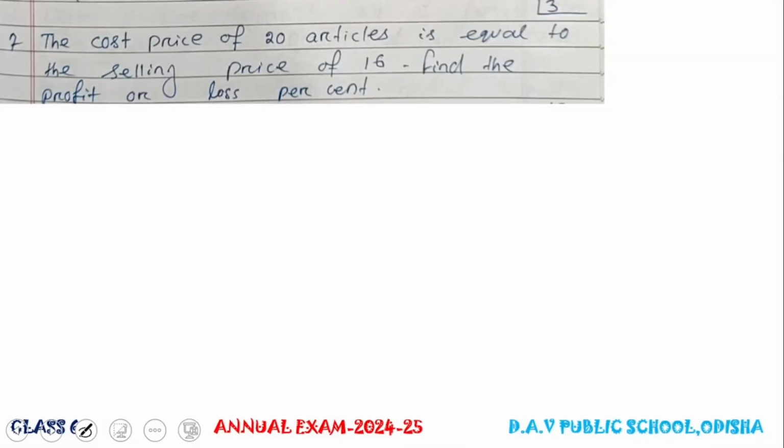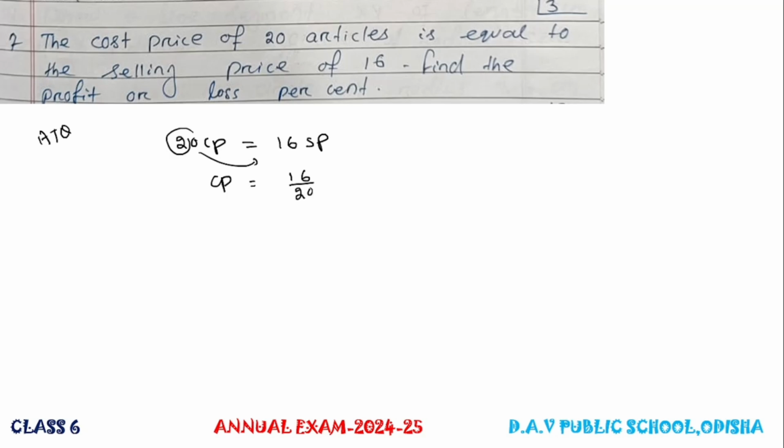The cost price of 20 articles. Okay, we can write according to the question: the CP, or cost price, of 20 articles is equal to the selling price of 16, that is 16 SP. Now CP is equal to 16 divided by 20, because here it is multiplied. When it goes to the right side it will be divided.